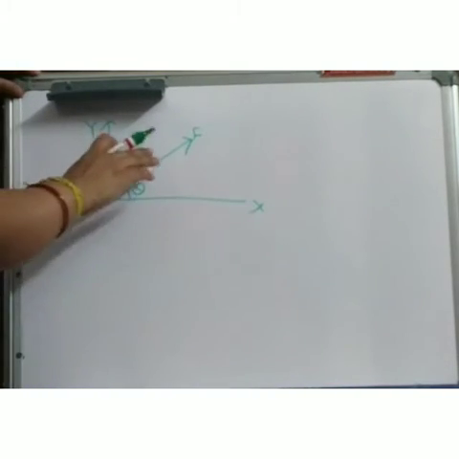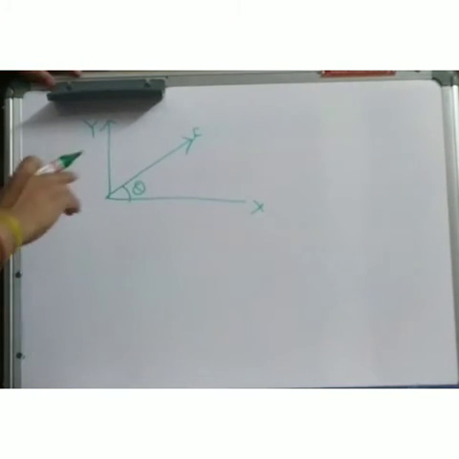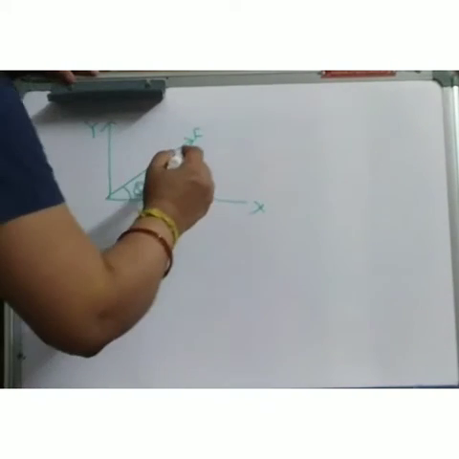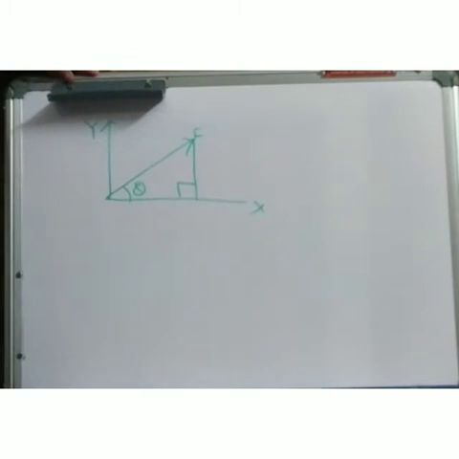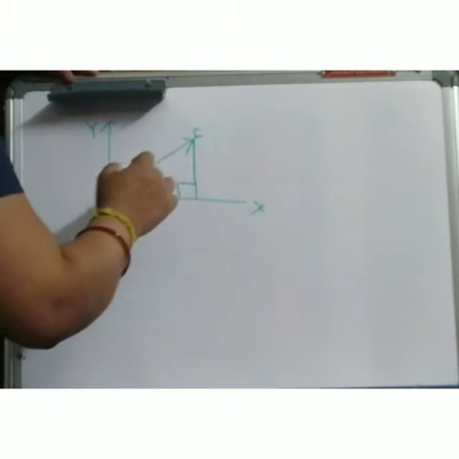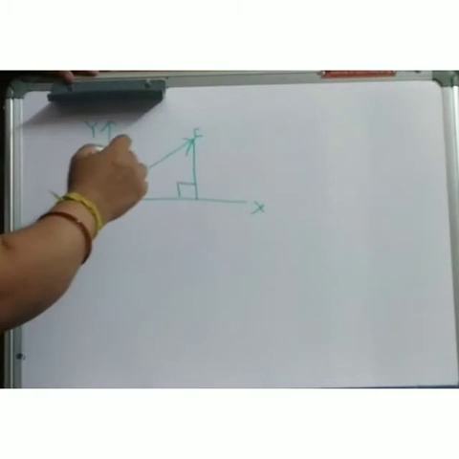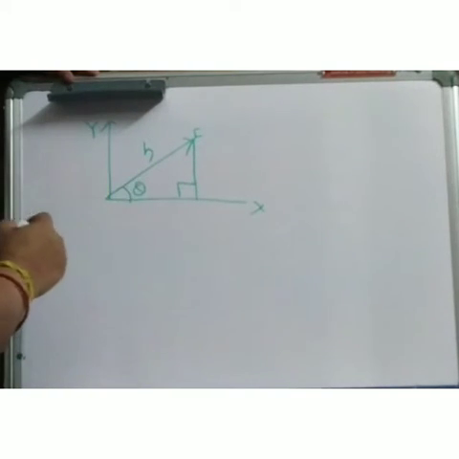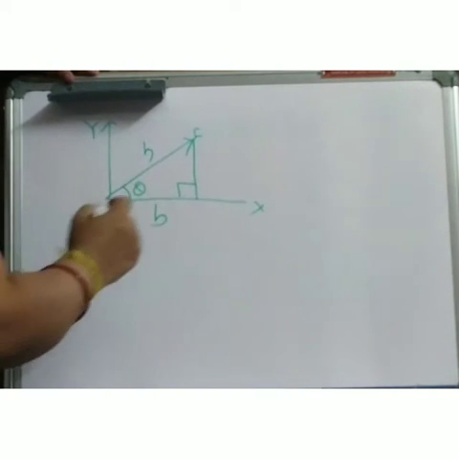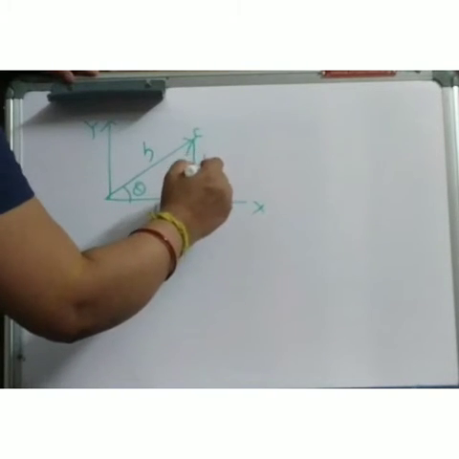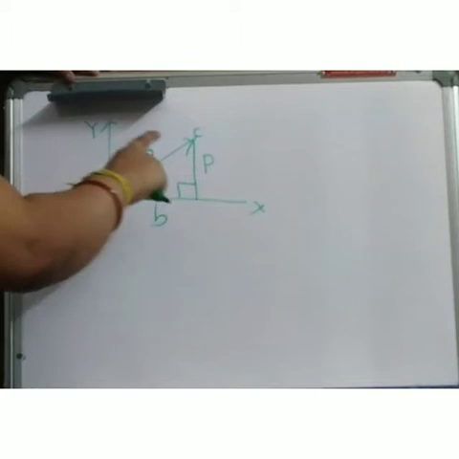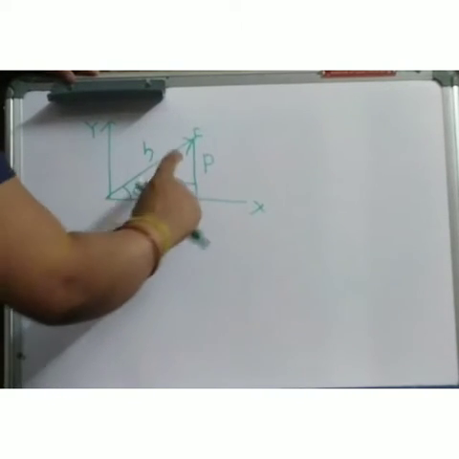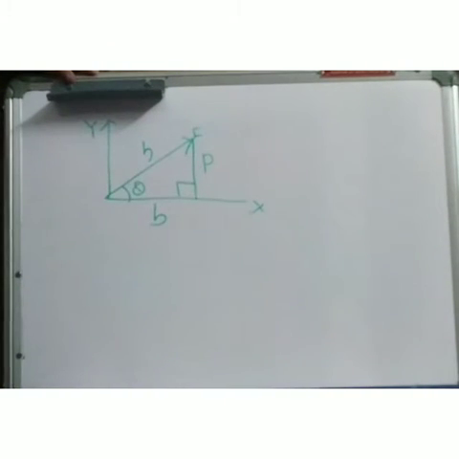Now we have to calculate both the components. Drop a perpendicular over here. This is your 90 degrees, a right angle. This is your hypotenuse, this is your base and this is your perpendicular.